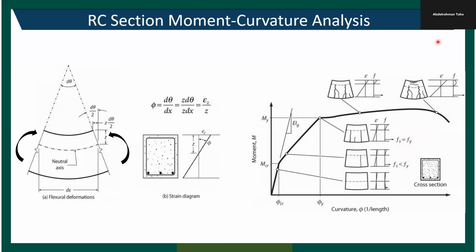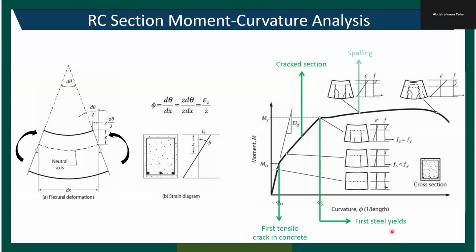If we're assuming a bilinear curve, then of course the stress will be slightly larger than the yield strength in the steel bars. Okay, this is basically what I just explained: first tensile crack in concrete and then cracked section. And at this point, the steel bars yield.